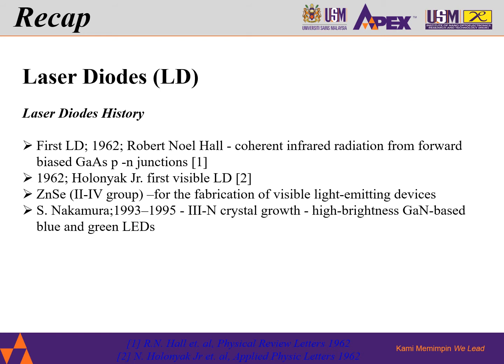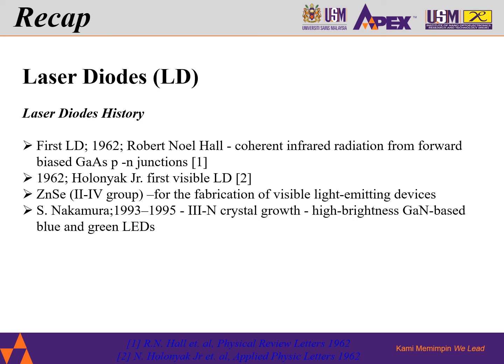So as a brief history, the first laser diode was demonstrated in 1962 by R.N. Hall. He observed a coherent infrared radiation from a forward bias from a gallium arsenide p-n junction.